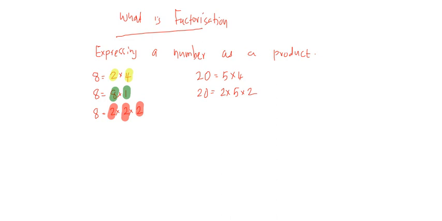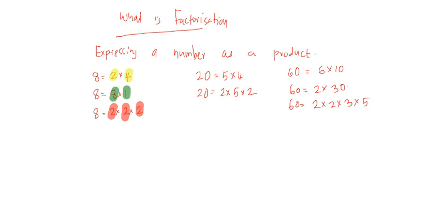What if I have a larger number, maybe 60? So maybe we can start with, I can write this as 6 times 10, right? Or I can write 2 times 30, or I can write 2 times 3 times 5.